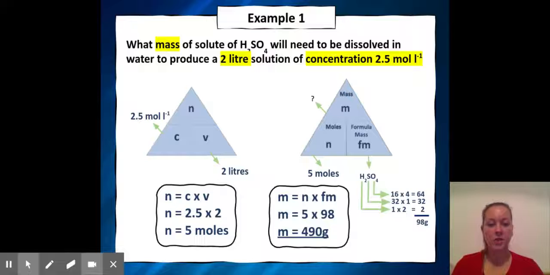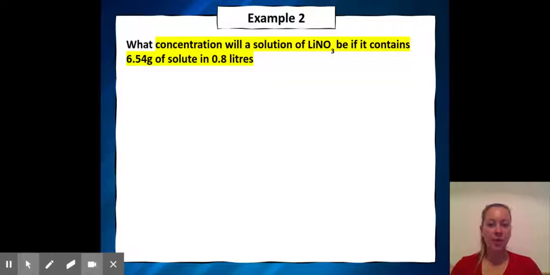So what mass of H2SO4 do we need? Mass equals number of moles times formula mass. So we have 5 times 98, which is 490 grams.